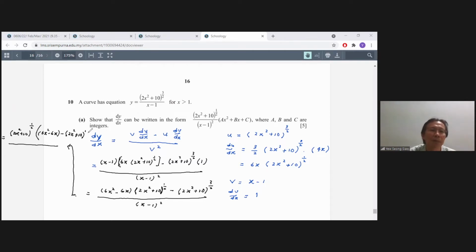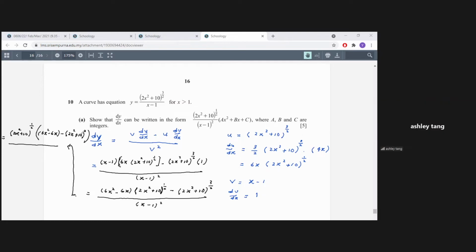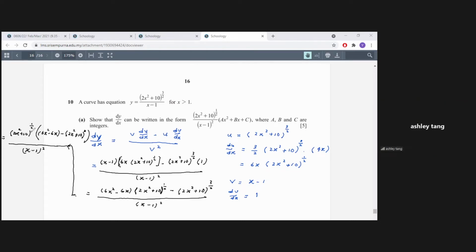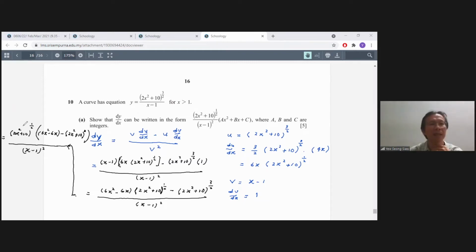Is it power 1? Power 1 times the outside 1 over 2, so you add together is 3 over 2. Correct or not? Cannot see it. Can. I factorize it. So the second term, power is 1 over 2. This one power is 1.